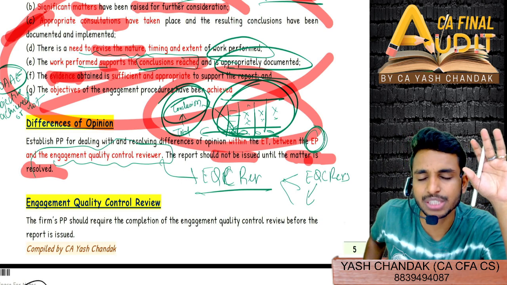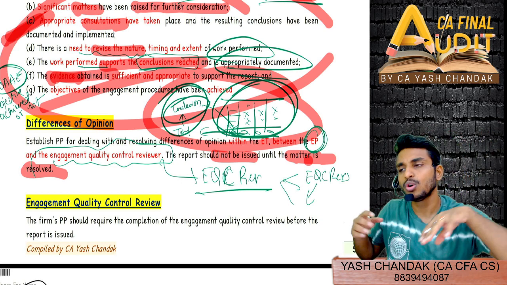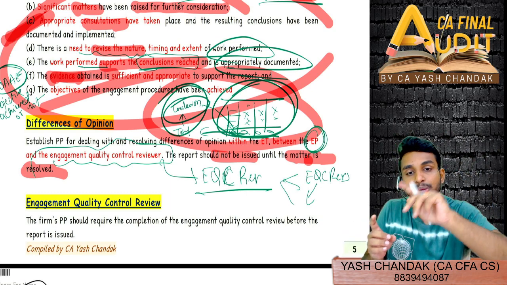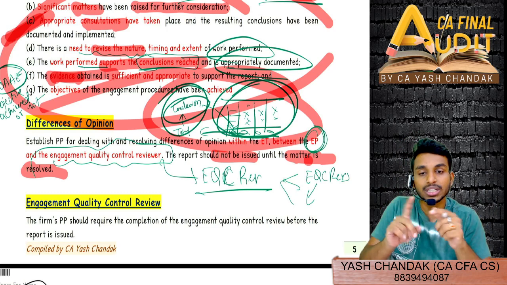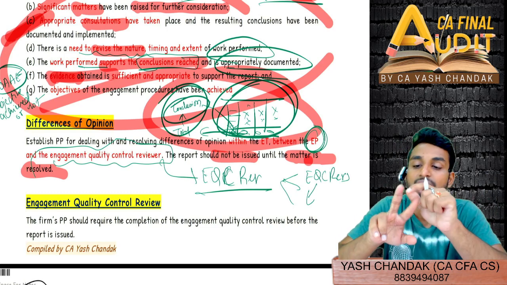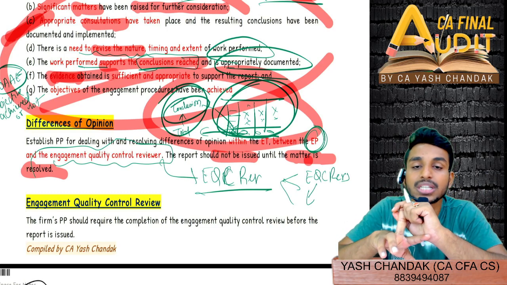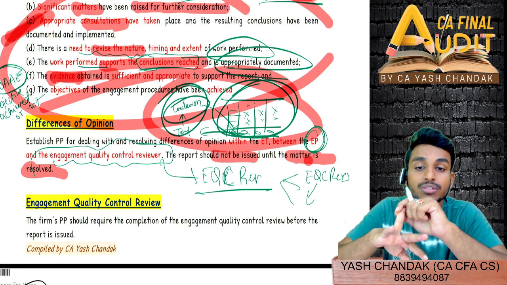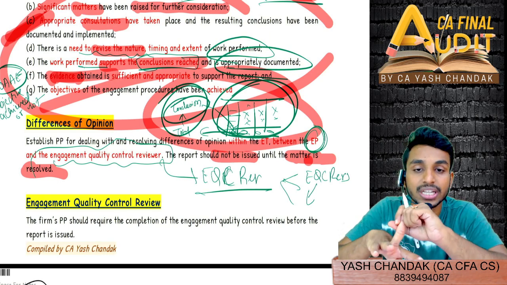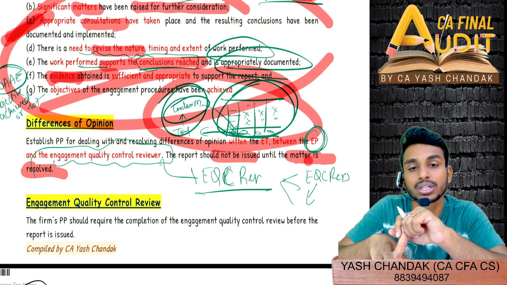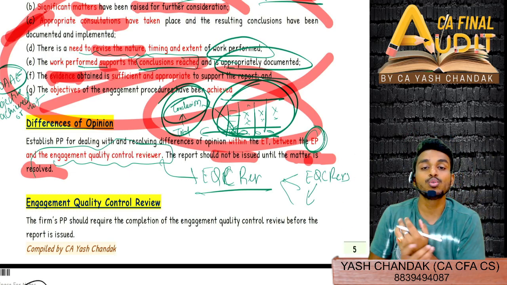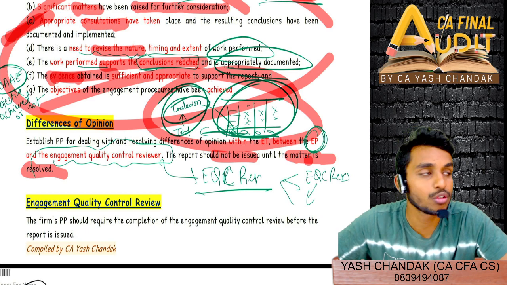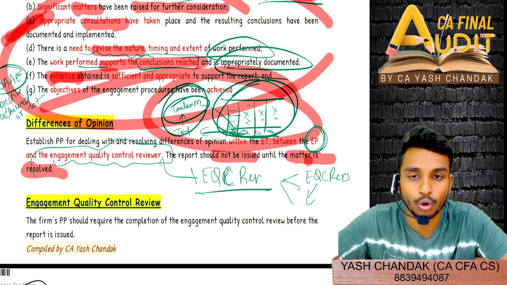So engagement quality control reviewers will pick up one audit per engagement partner, and go through whether the documentation was done in accordance with SA 230, whether the quality control standard SQC 1 was properly adhered to, and whether the policies and procedures with respect to independence, integrity, and so on, under SA 220, have been complied with or not. So all these points will be checked by the EQCR, and then only you can sign the audit report, particularly in the case of listed entities.